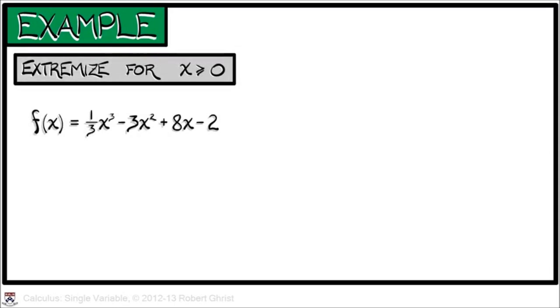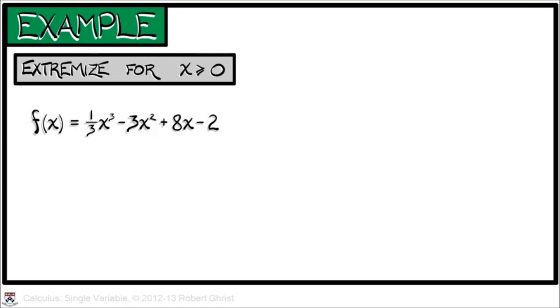Let's look at another example. In this case, extremize the function f of x equals x cubed over 3 minus 3x squared plus 8x minus 2. And here the extremization is with some constraint. Namely, we want x to be bigger than or equal to 0.